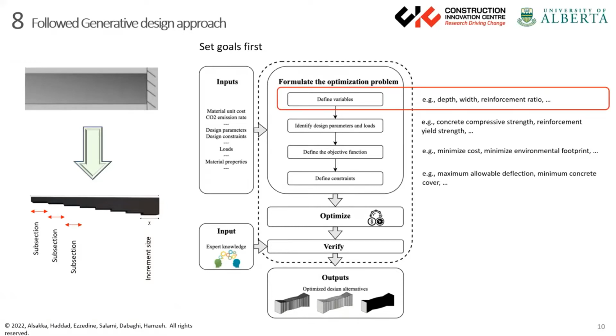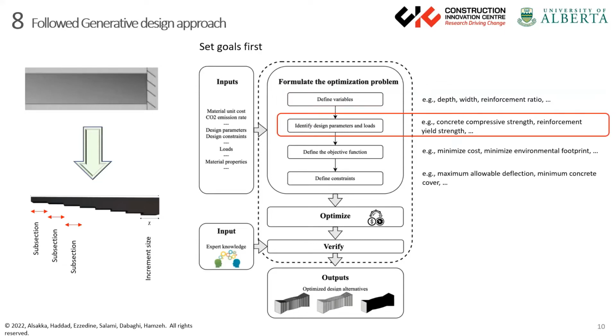How are we going to achieve those design objectives? For example, if I'm interested in minimizing cost, then maybe I want to optimize the depth of the beam. Maybe I want to optimize the width and the depth. Maybe I want to also optimize the amount of steel reinforcement. So it's up to the user to decide on how to achieve these objectives.